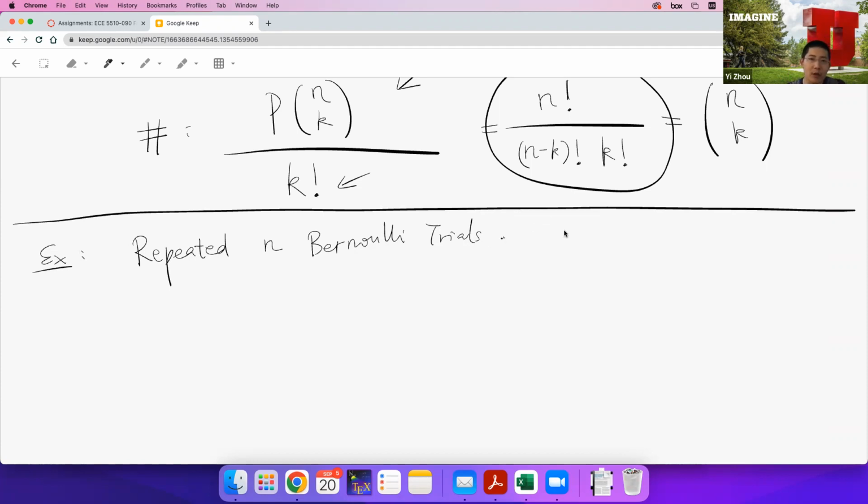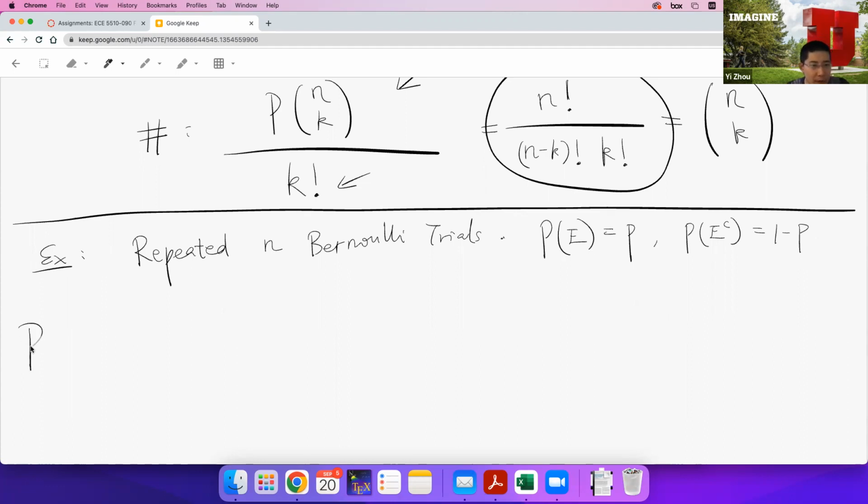Bernoulli trial means that for every trial, the event E happens with probability P, where its complement happens with 1 minus P. Equivalently, you can treat this Bernoulli trial as flipping an unfair coin. The head, you have P probability to get a head, you have 1 minus P to get a tail. And you do this for N times, okay?